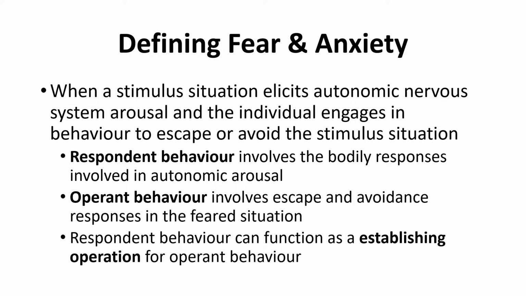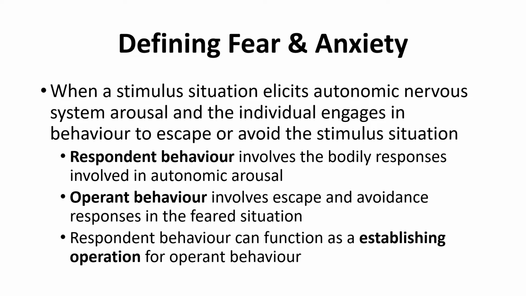So consider a situation in which some stimulus or collection of stimuli elicit an autonomic nervous system response, some kind of increase in arousal. For example, stress. And this leads the individual to engage in some kind of behavior that allows them to escape or avoid the stimulus or stimuli that are leading to those feelings.